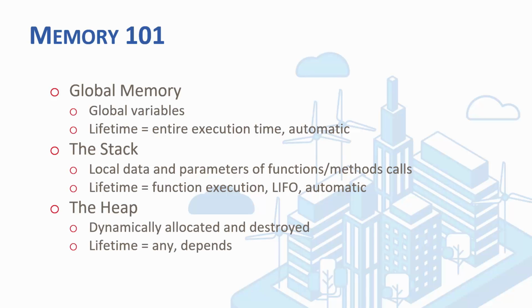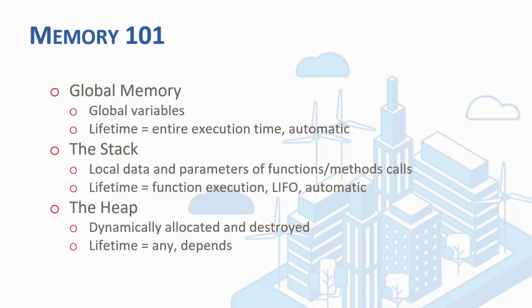Mostly up to the developer, sometimes up to the runtime system. It can be any lifetime. You can have long life and short, an object that lives for milliseconds or even less than that. It really depends on the application.